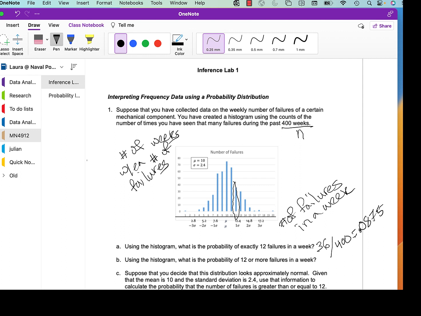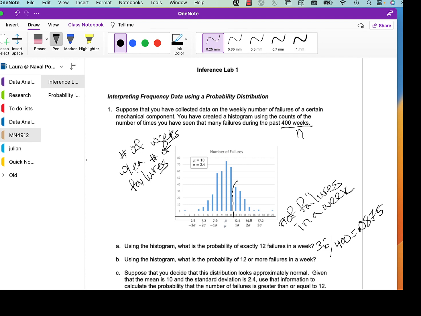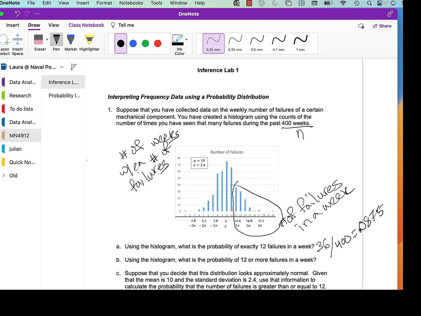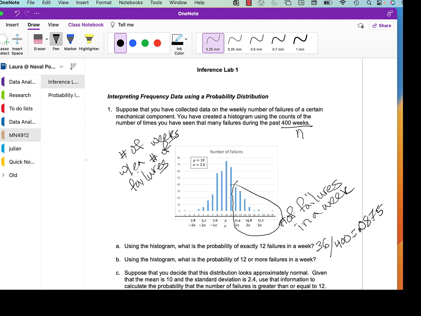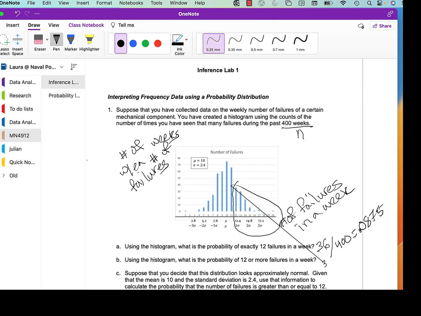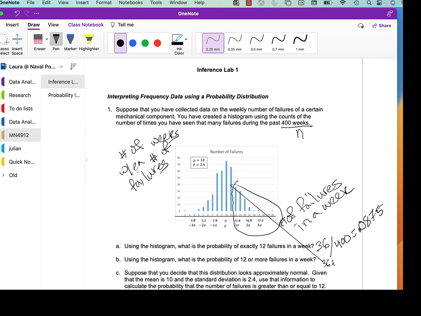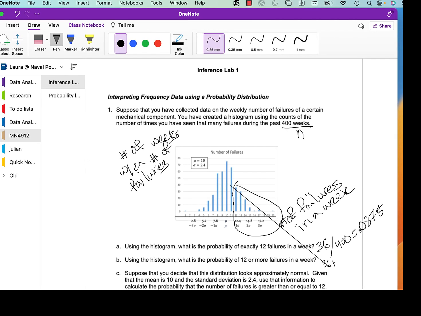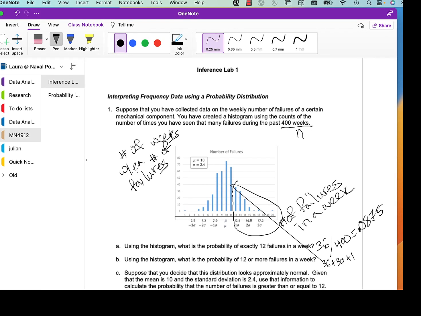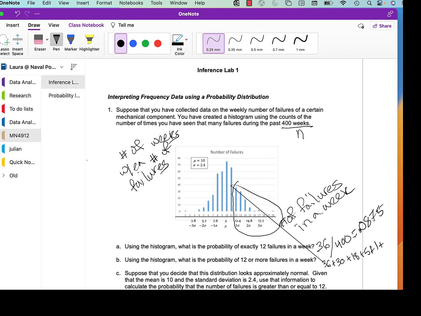Using the histogram, what is the probability of 12 or more failures in a week? So instead of 12 failures, we're now asking for 12 or more failures. So that would be 36 plus, looks like about 30 plus 18 plus 5 plus 1 plus 2 plus 1.